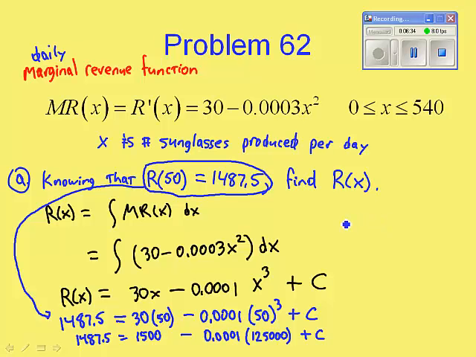So let's see. 1,500 minus 1487.5 would be 12.5, huh? So I get 12.5 plus c equals 12.5? Wow. So what's c equal? So after all that, c equals 0.